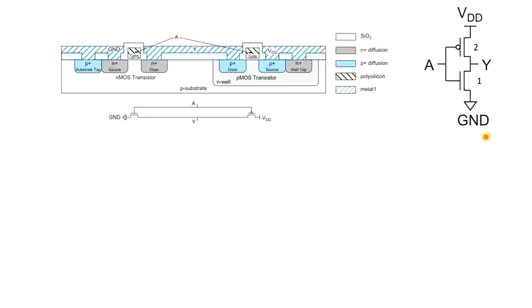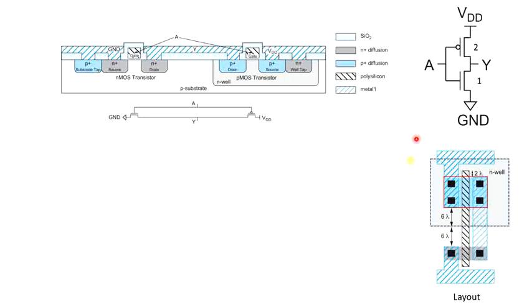Now try to think about how the layout of this inverter will look. Probably it will look something like this. For the P channel, we have this N well. You can see these border lines which denote this N well.